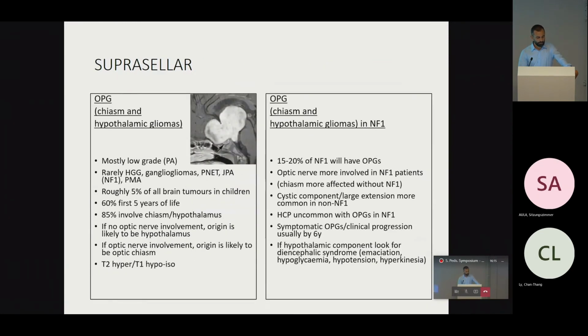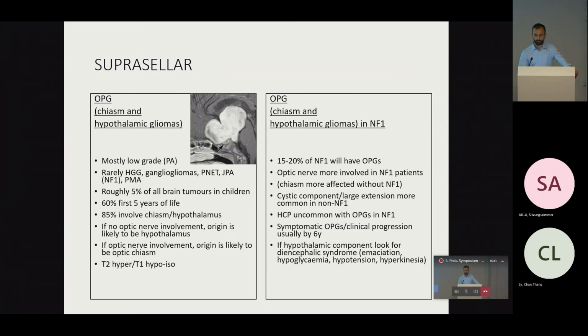About the suprasellar lesions, I would say the most important entity to remember is probably OPGs, which are fairly common in kids. I would classify them by whether or not they are related to neurofibromatosis type 1. They're actually chiasm and hypothalamic gliomas. Most of them are low-grade gliomas, very rarely high-grade or gangliogliomas.